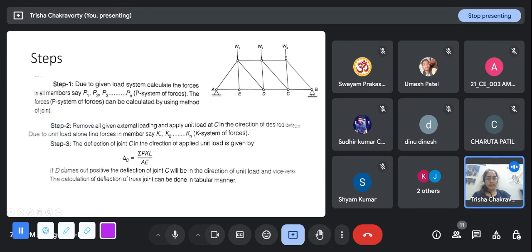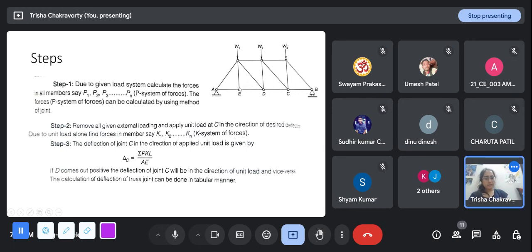If this delta comes out to be positive, then the deflection of joint C will be in the direction of the unit load I had assumed. When I put the unit load, I put it in a certain direction, right? If I put the unit load in the downward direction and I end up with a positive quantity, the interpretation is that the deflection was actually in the downward direction.